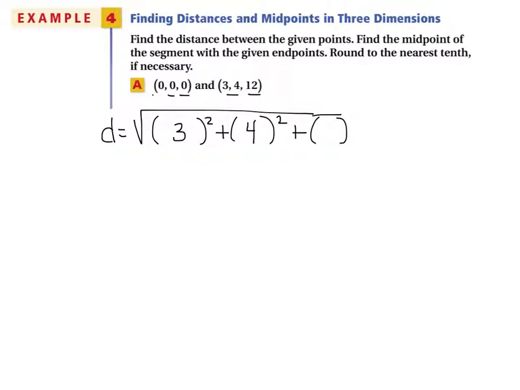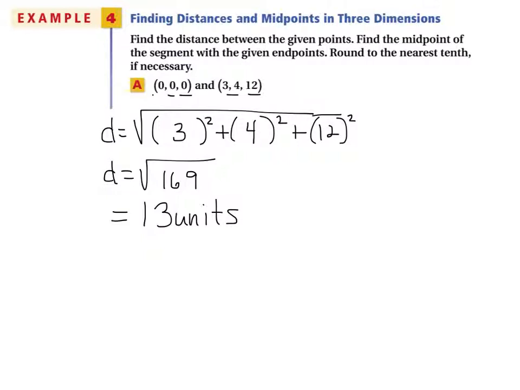Plus subtract your z values. That'd be 12 squared. So that would be 9 plus 16 plus 144, which gives us 169, and the square root of 169 would be 13 units. So the distance is 13 units.